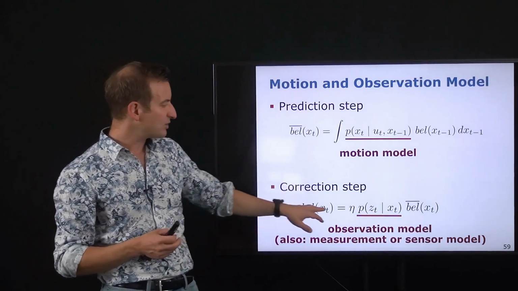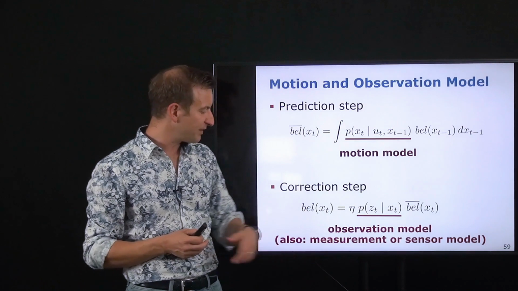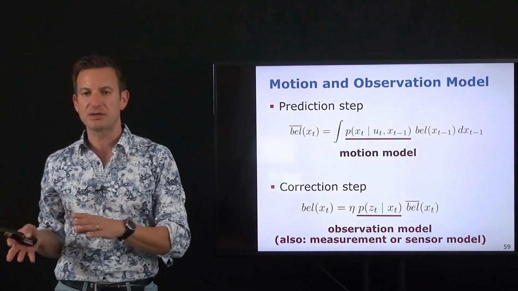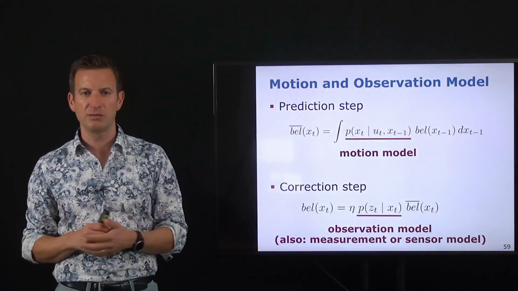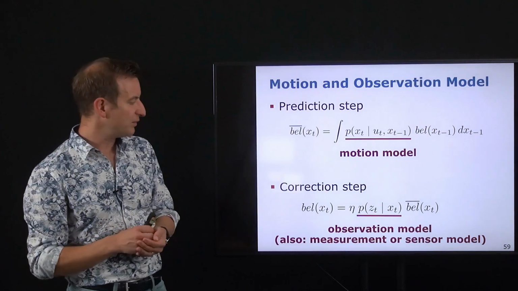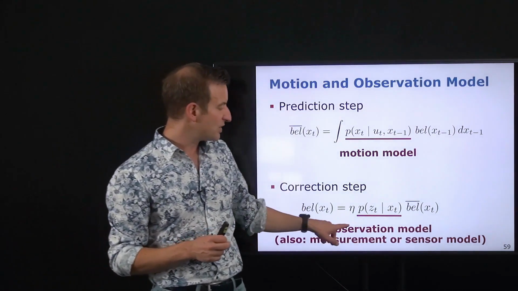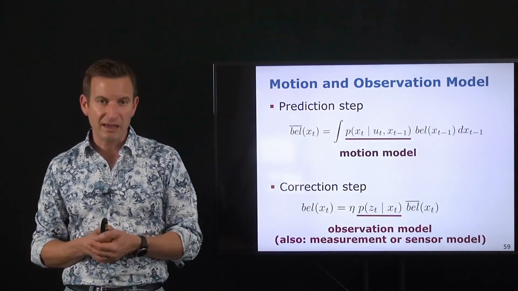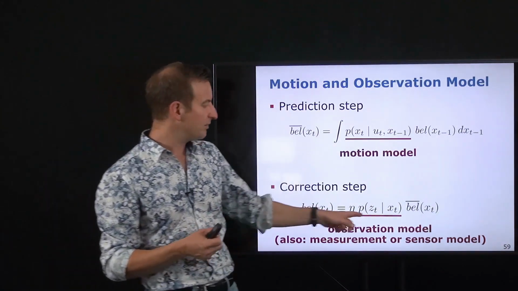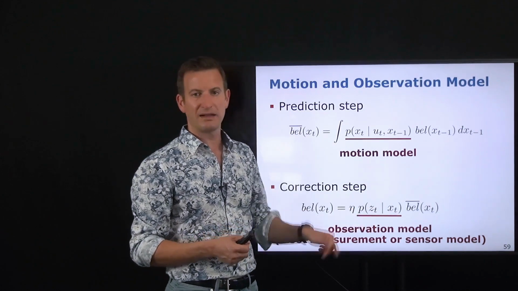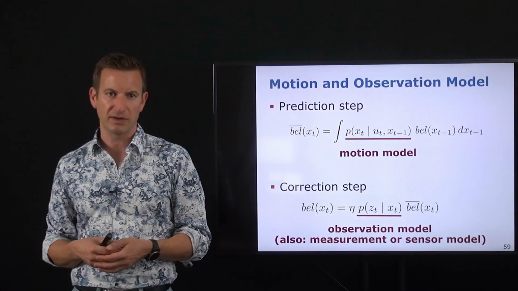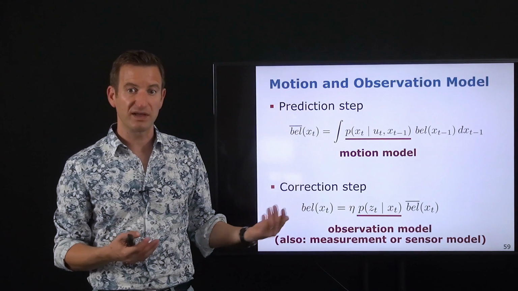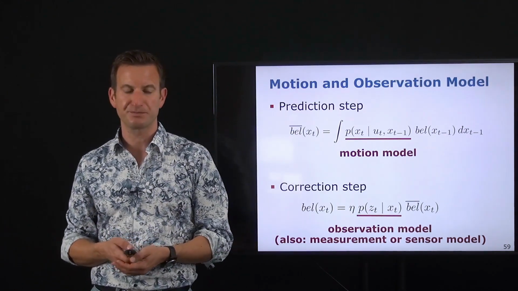And we have our correction step, which uses a so-called observation model, sometimes also called measurement model or sensor model, depending on the community you're in. I will most of the time use the word observation model in here, which is the likelihood of obtaining the observation that I got, given I know the state. So if I assume that I know in which state I am, how likely is it actually to observe what I'm observing? That's the question that we typically have to answer in this setup.